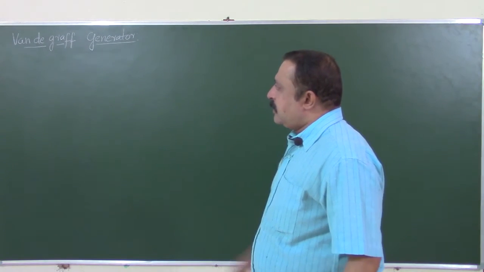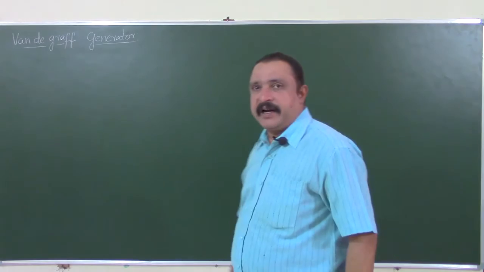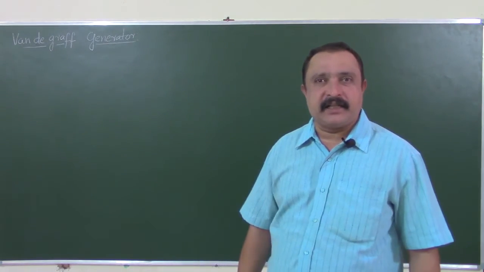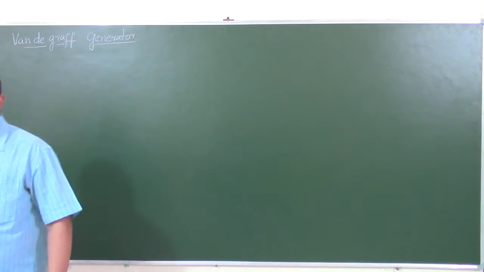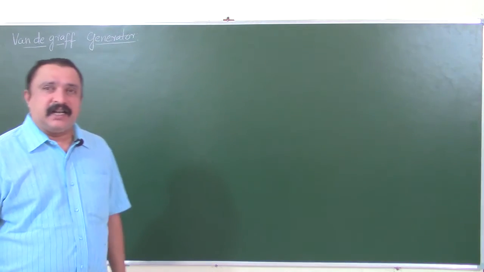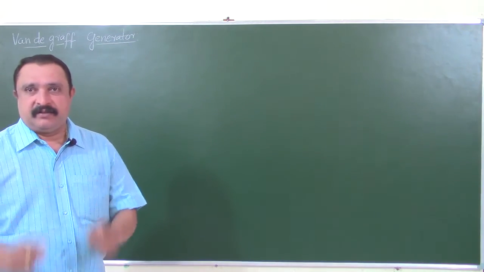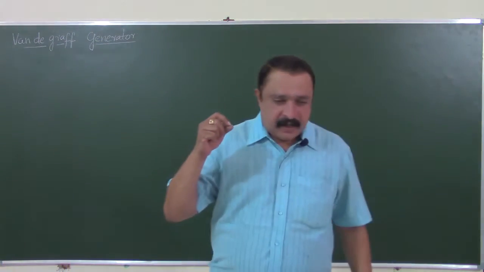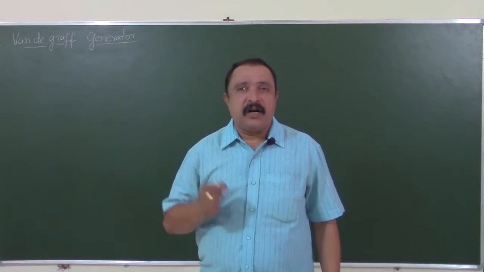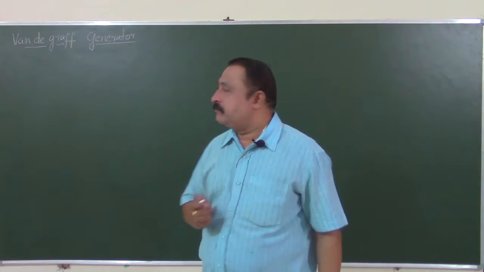In today's class, let's learn about Van de Graaff generator, which is a very important question for the examination. What is Van de Graaff generator? Van de Graaff generator is a device, a machine which is used to produce voltages of the order 10 to the power of 7 volts.